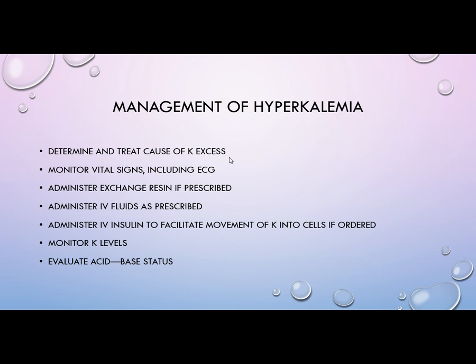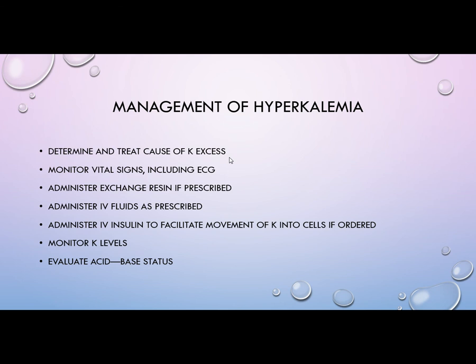They will be on IV fluids to help hemodilute the potassium down. Okay, if their level is too high, they will be given IV insulin to facilitate the movement of potassium back into the cells.